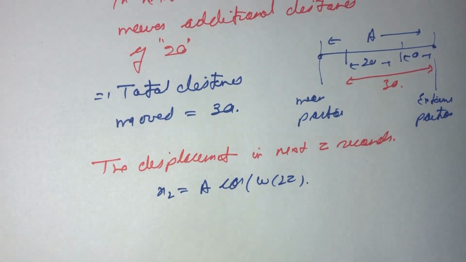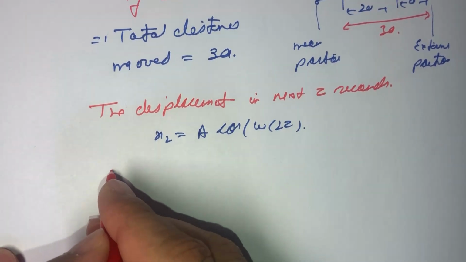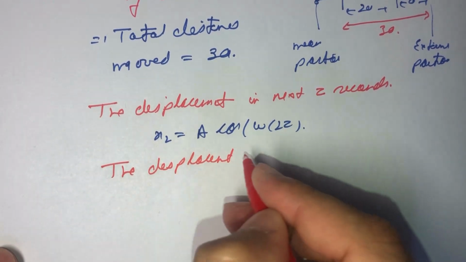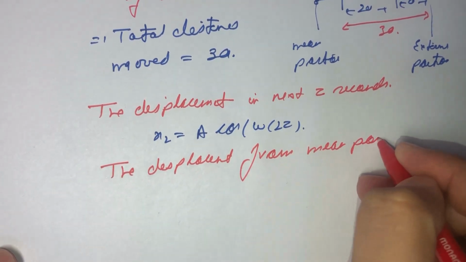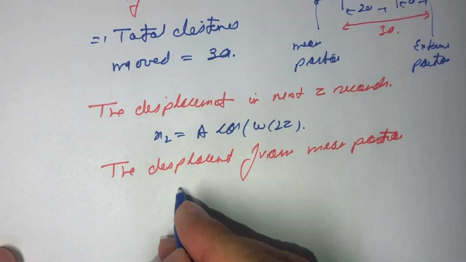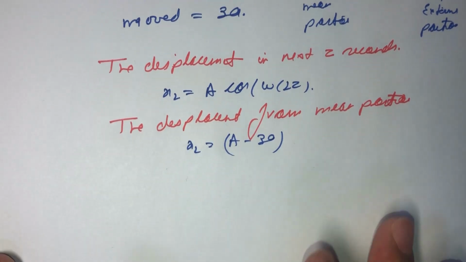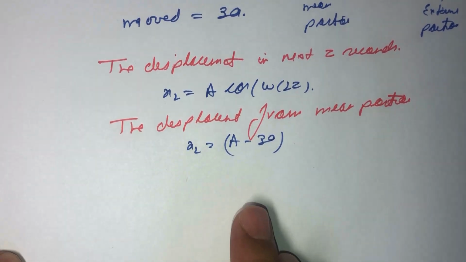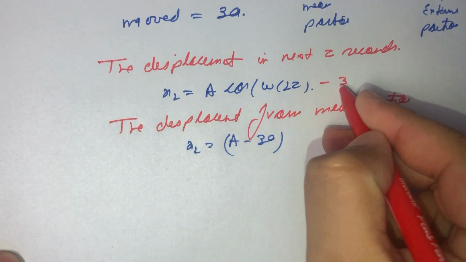So the displacement from the mean position gives us x2 equal to A minus 3a. Let us call this equation number 3.